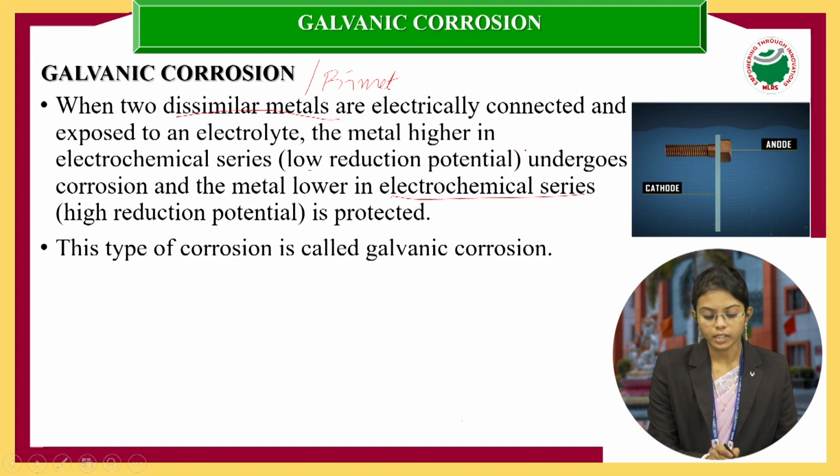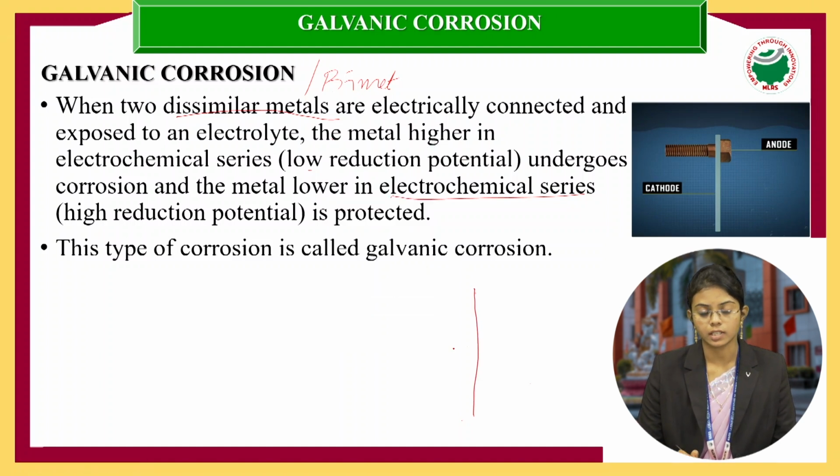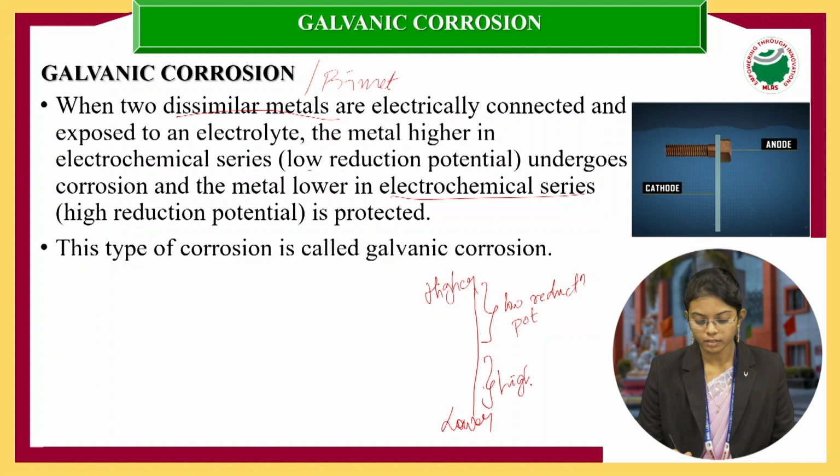So this is the electrochemical series. Now what we are saying is, in the arrangement of metals in the electrochemical series, the metals which are in the higher position consist of low reduction potential metals, and here, the high reduction potential metals.